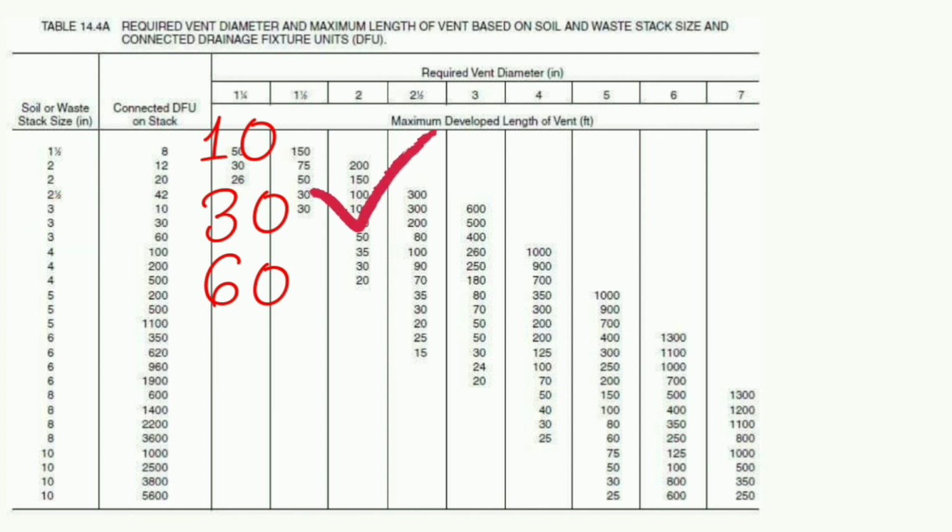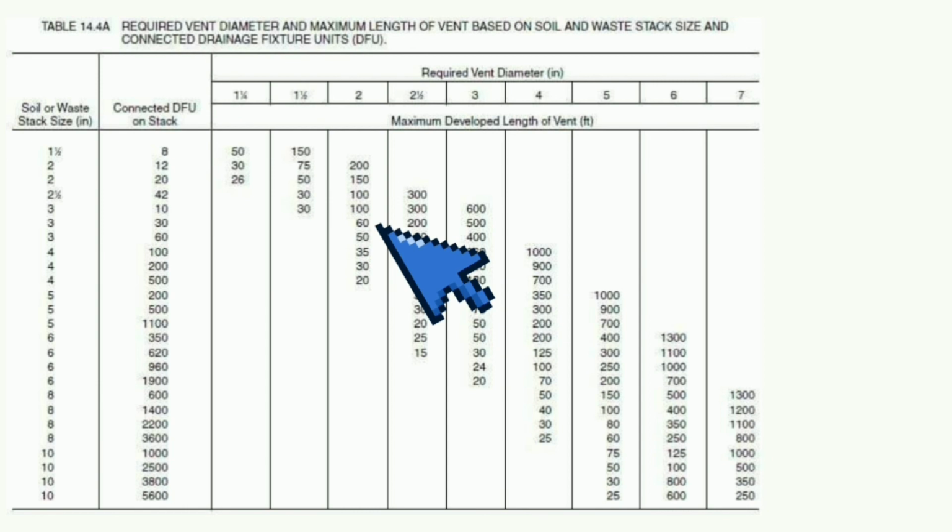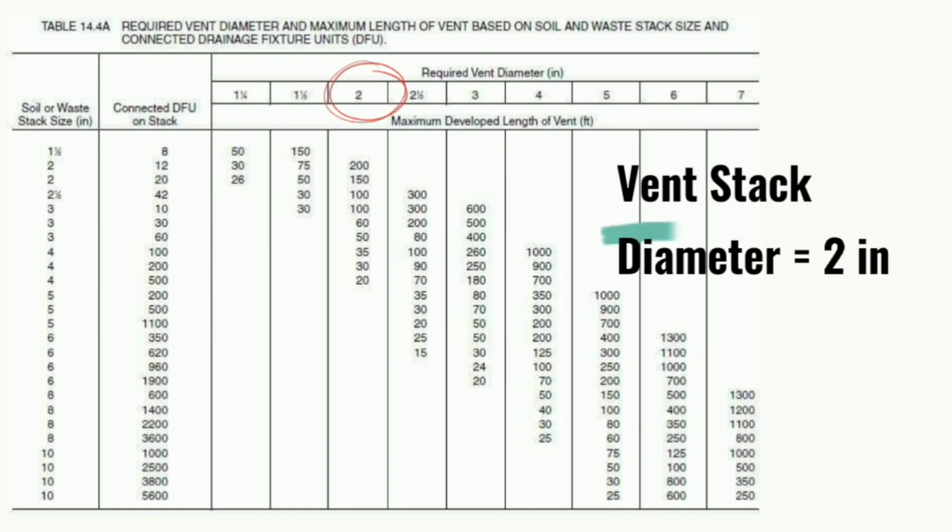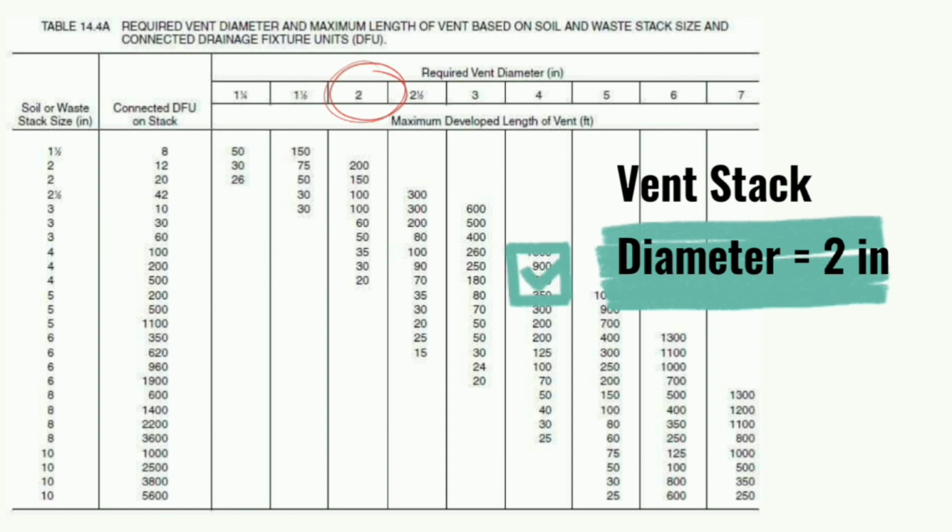So, sa 30 na lang tayo kukuha. Tapos, yung katumbas niya is 60. Tapos, sa taas ng pinakataas ng 60, yung required vent diameter is 2 inches. Kaya, yung diameter ng pipe ng ating vent is 2 inches. So, that's all. Thank you.